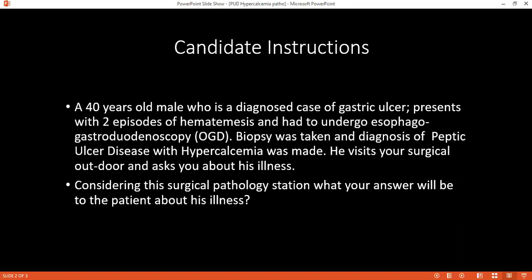Management depends on the presentation. If it presents with symptoms of hypercalcemia and the calcium level is greater than 12 milligrams per dL, with the presence of other symptoms, I will manage medically.